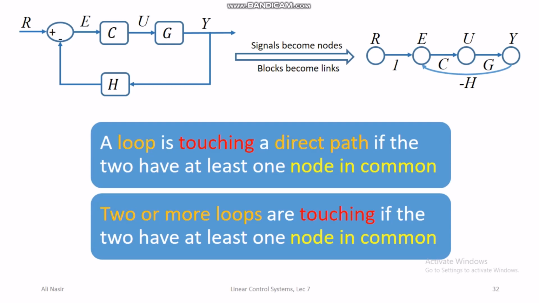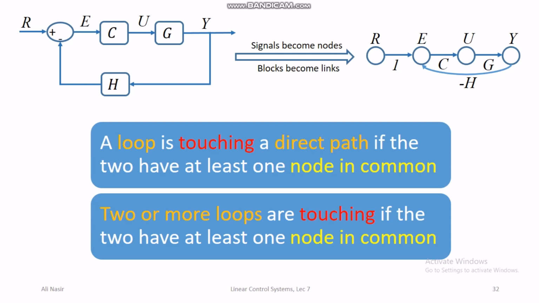So in signal flow graph, it is easy to determine whether any two loops or three loops are touching or non-touching based on whether there are common nodes in those loops or not. Similarly, it is easy to determine whether a direct path is touching a loop or not touching a loop based on the nodes that are part of the direct path and the loop.